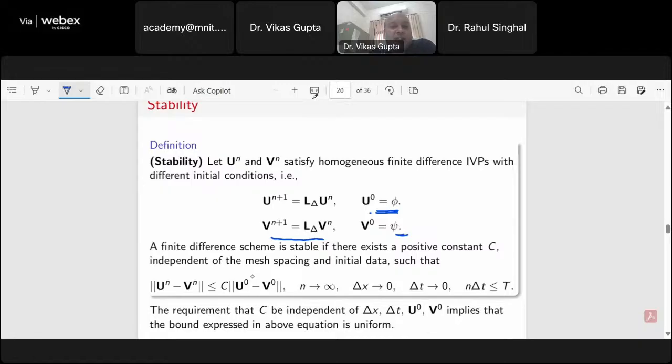That is, the solution of a difference scheme does not grow unboundedly. Whatever bound you have at the initial time level will remain at the upper time levels as well. The requirement that C be independent of delta x, delta t, U0, V0 implies that the bound expressed in the above equation remains uniform.